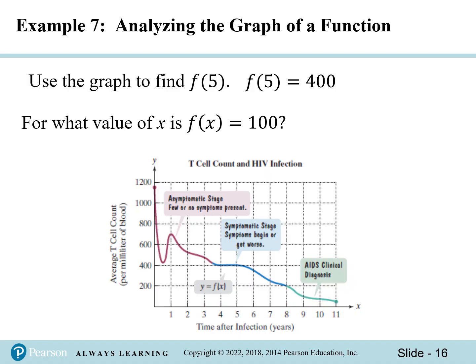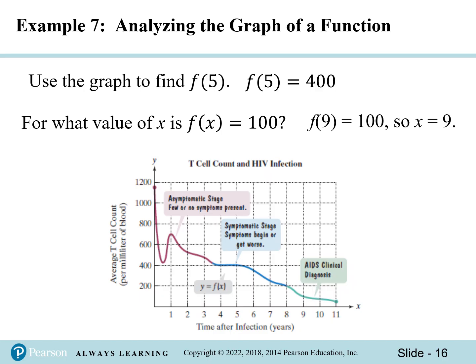The next question is, for what value of x is f of x equal to 100? So this time we're going to go to the y-axis where 100 is and see where it crosses the graph and get an approximation. And when I do that, it looks like it's right around 9 if you were to draw a horizontal line from 100.